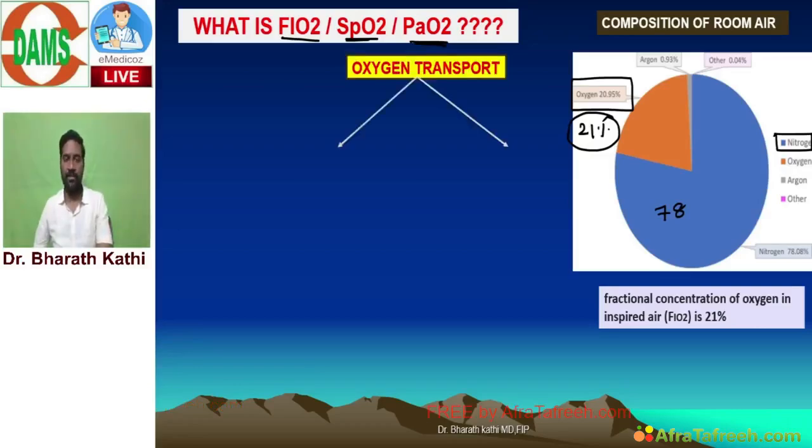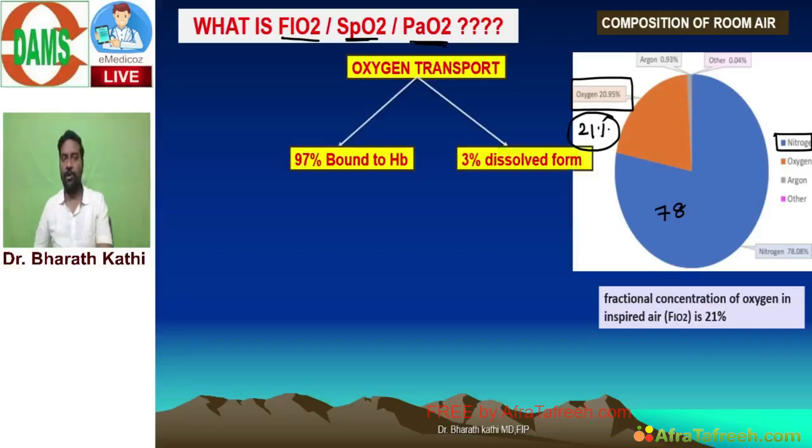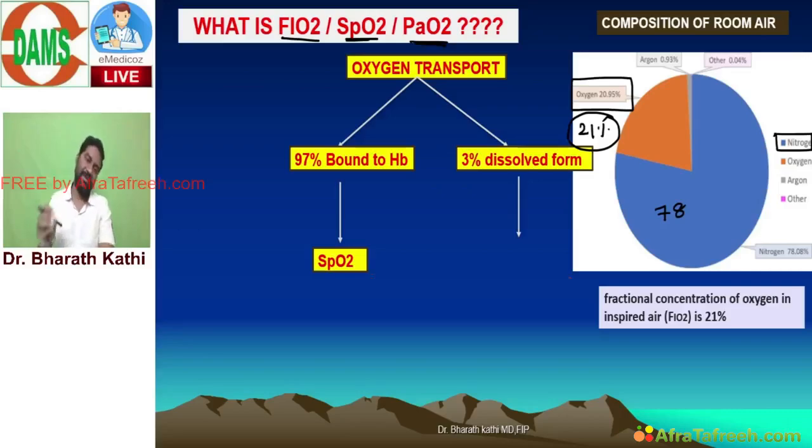Oxygen transport in your body happens either bound to hemoglobin or dissolved in the plasma, either dissolved form or bound form. Whatever is bound to hemoglobin accounts for saturation. Whatever is dissolved accounts for partial pressure. There is a gas law that says for a gas to exert partial pressure, it should be dissolved in the solution.